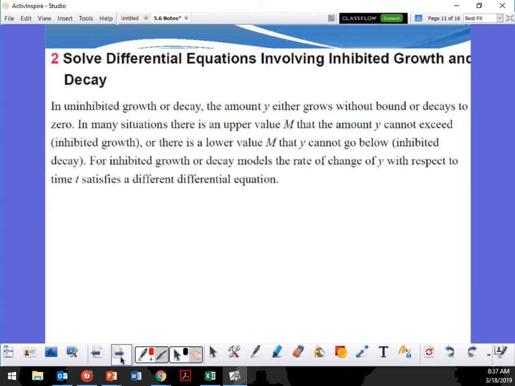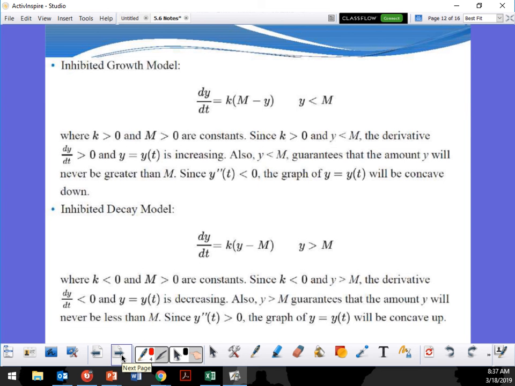No, it didn't state m here, but m is actually the amount that the ecosystem will actually maintain. Carrying capacity. There we go.